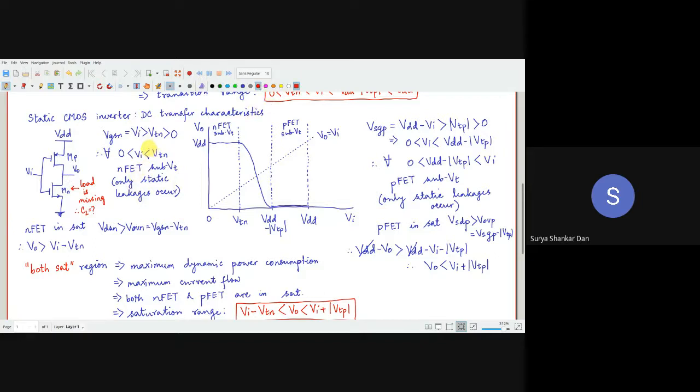Now, this is the static CMOS inverter. Everybody knows. By the way, I have written DC transfer characteristics. Why is it?